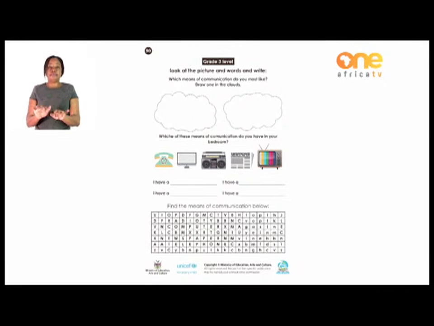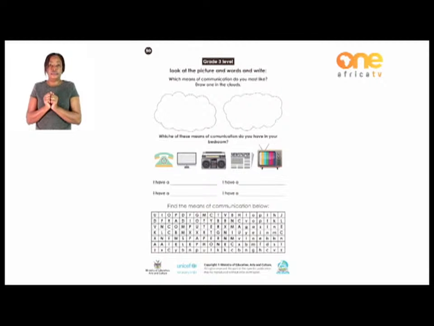Fill them in. After you have done that, you must find their names in this word search, which is below. Find the means of communication below. All those communication tools that we have learned, I want you to find them here in this word search. They are there. Just find them and you circle them, and you should be able to read them.